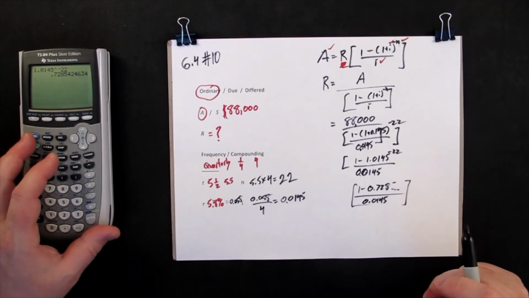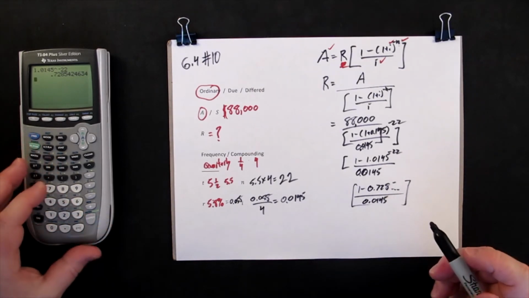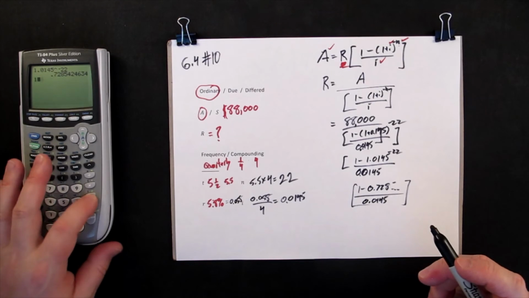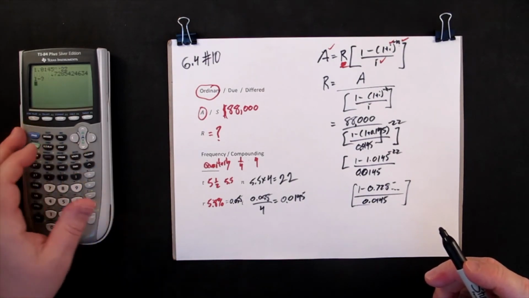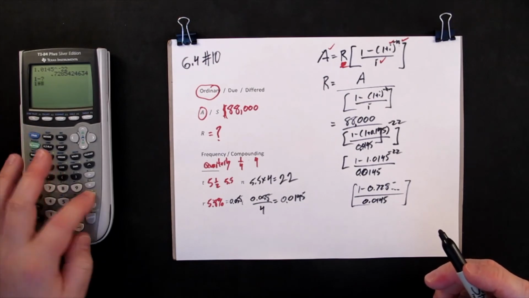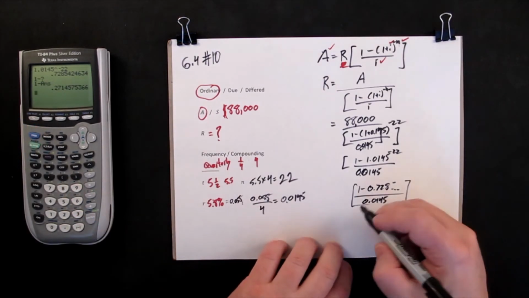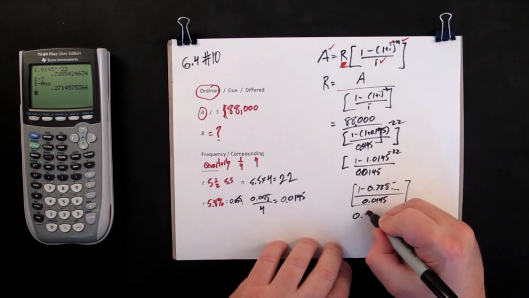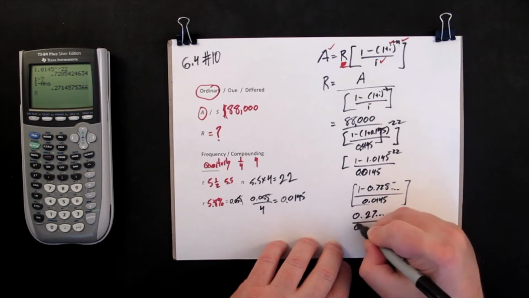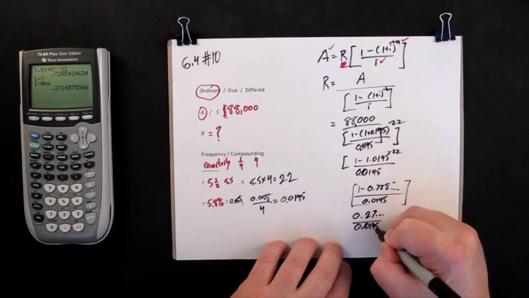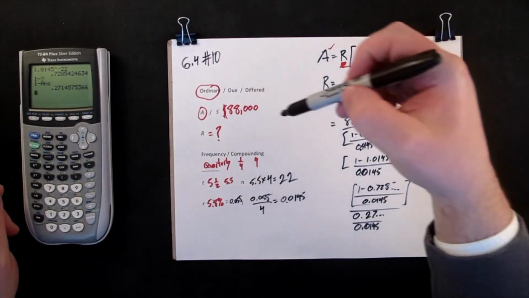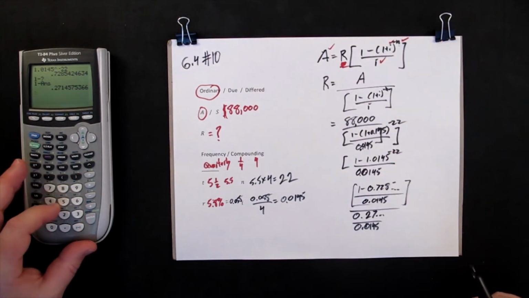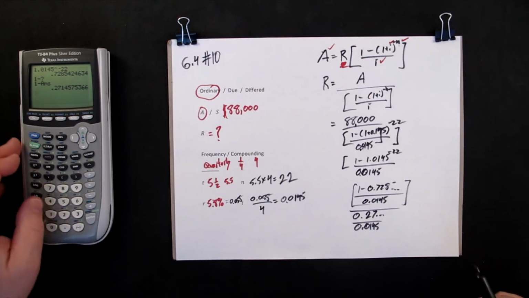So we get about 0.72, so 1 minus that is 0.27 divided by 0.0145, and then we're going to divide the total invested by that amount.